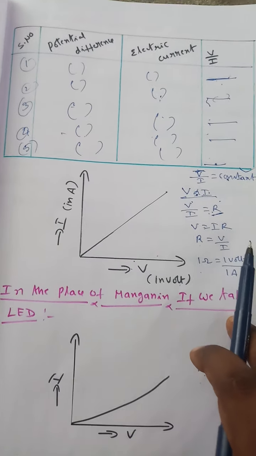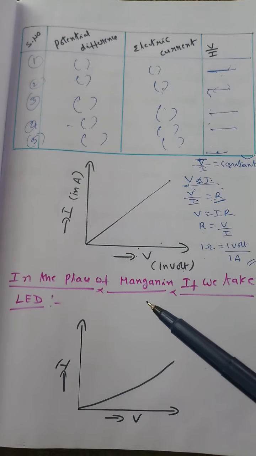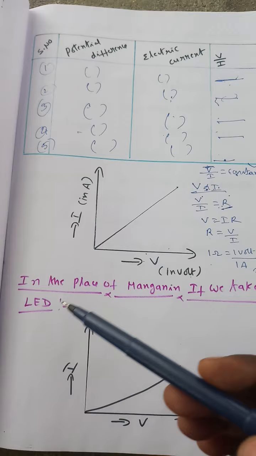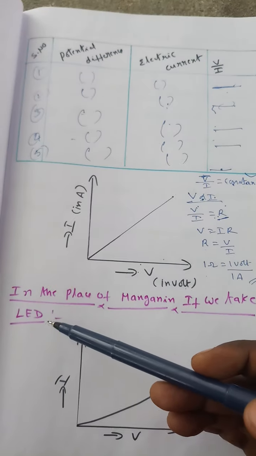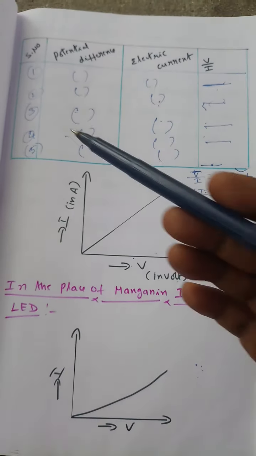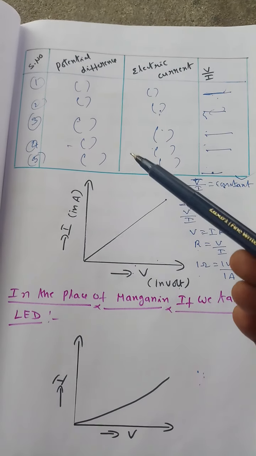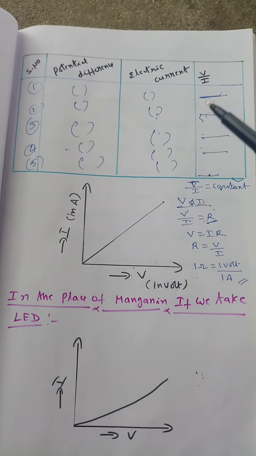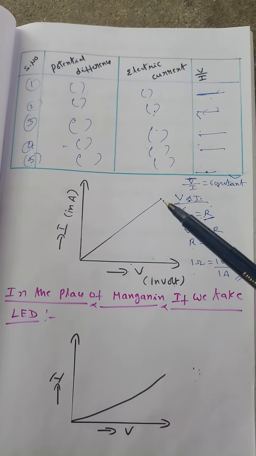Now see here, suppose in the case of the manganese wire, if we replace the manganese wire by an LED and repeat the same experiment in the same way, following the same procedure, we get different potential difference values and different electric current values.